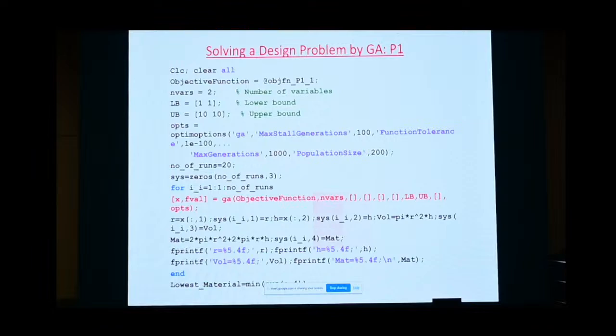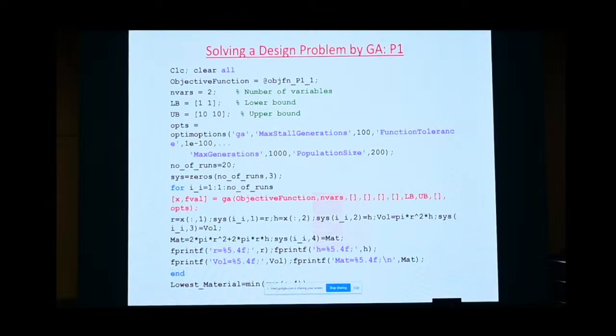Okay. Then as I said, because GA starts with a random initial population, you cannot get the best result in a single run, so you have to apply it multiple times. You can put a loop, say number of runs equal to 20, and store the result. You create a variable SYS and put a for loop, say for i equal to 1 to number of runs.